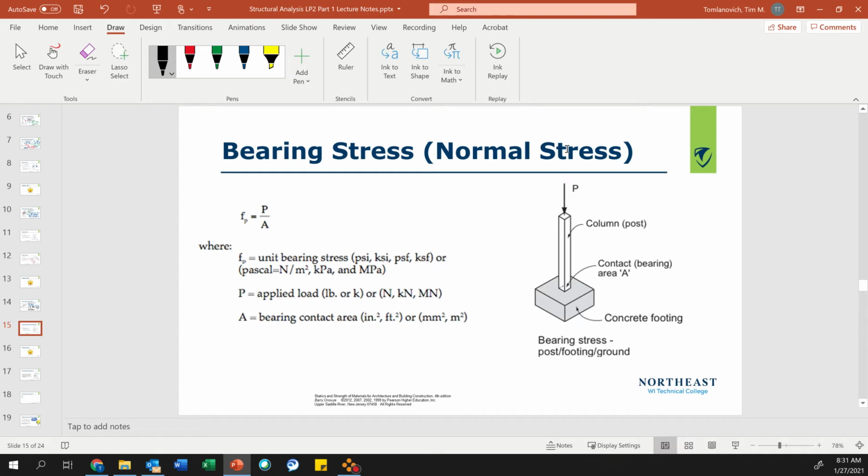Those loads that we end up with from the load tracing have to be less than our allowable bearing stress. So that's why that final load on top of your foundations is the number that you give to the geotechnical engineer, and we have to design a foundation to work. That determines the size of your footing.